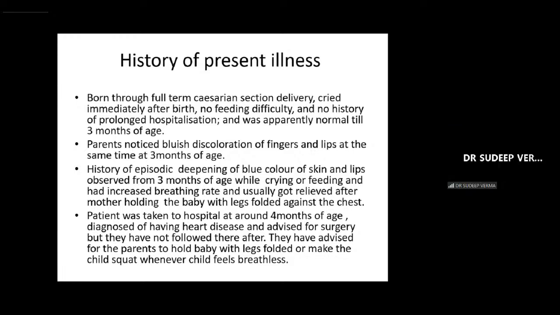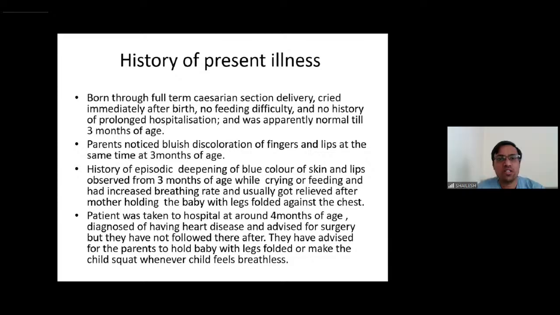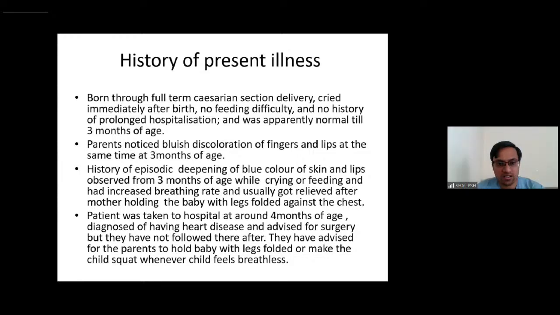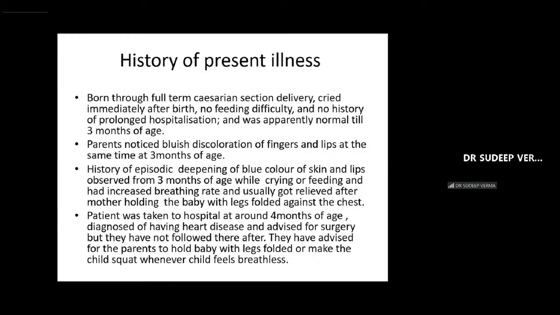Sir, mostly cyanotic spells occur after prolonged deep sleep, when the child wakes up. What is the usual age? Sir, most commonly these cyanotic spells present between 2 to 6 months of age, and up to usually 2 years of age they occur. Usually most common in infantile age, correct? But why is it so?